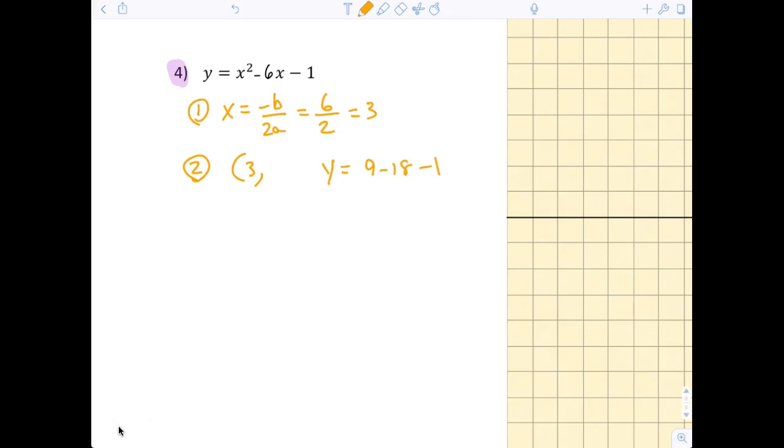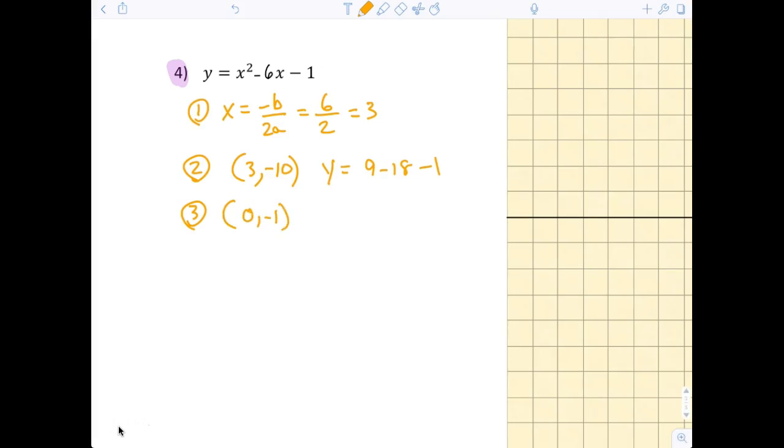What's that? Negative 10. Everybody okay with that? And now, number 3, the y-intercept. What is it? (0, negative 1). Beautiful.